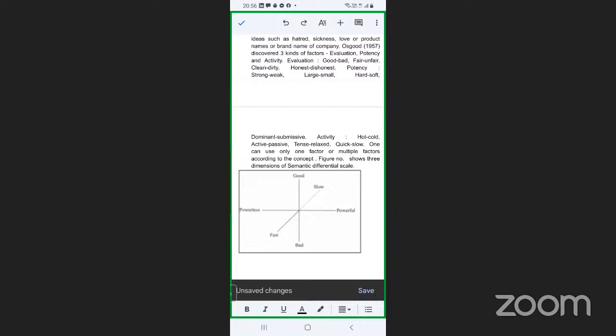Suppose you want to launch one toothpaste. So initially you have to understand what is the concept of your consumer about the toothpaste.